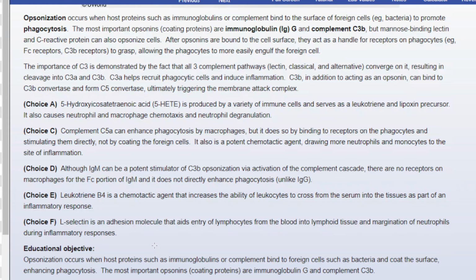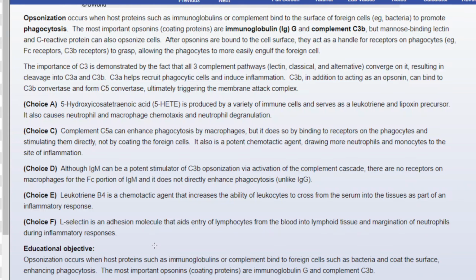The most important opsonin proteins are immunoglobulin G and complement C3b, but mannose-binding lectin and C-reactive protein can also opsonize cells. Other opsonins are bound to the cell surface.